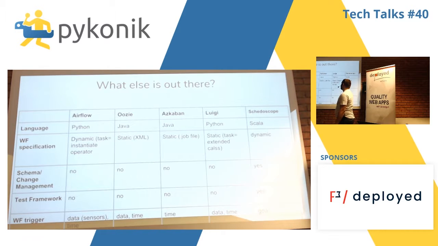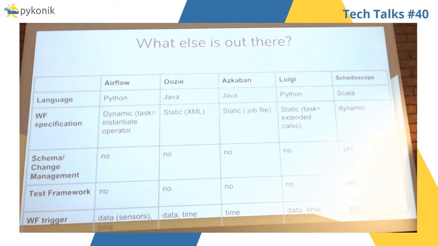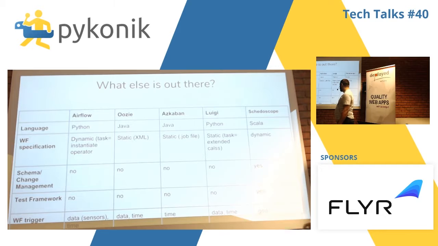What else is out there if we compare Airflow with other tools? We have, for example, Oozie, Azkaban, Luigi, a well-known and good competitor for Airflow, and Jobscope. It works with Scala, and it's quite a dynamic system developed on the market. As you see, there are a few differences in the workflow specification.